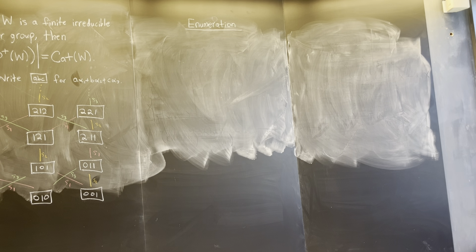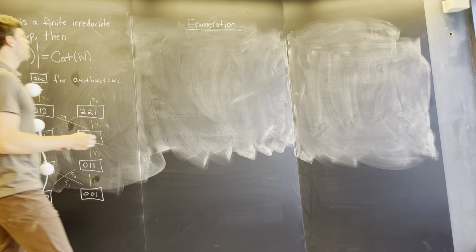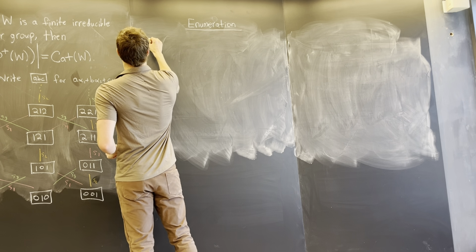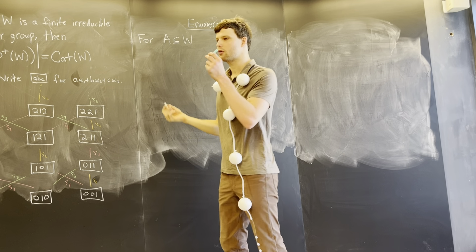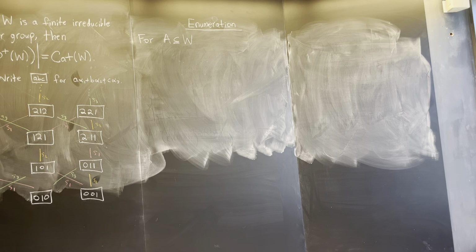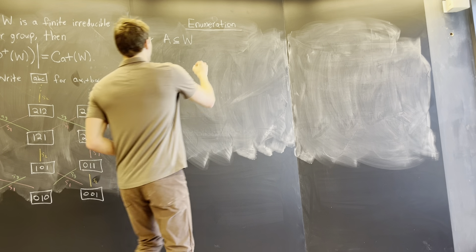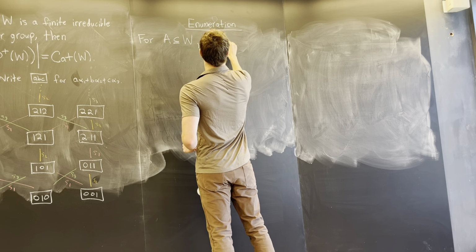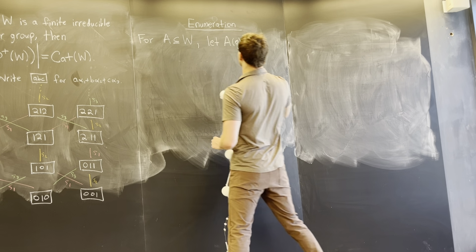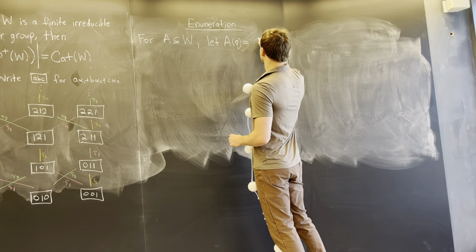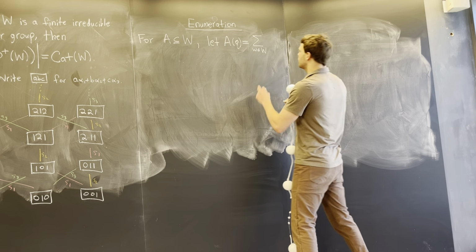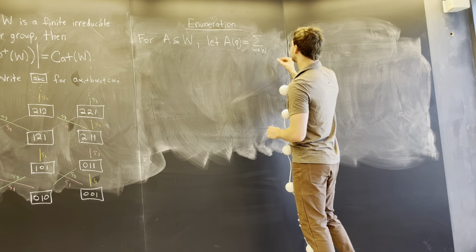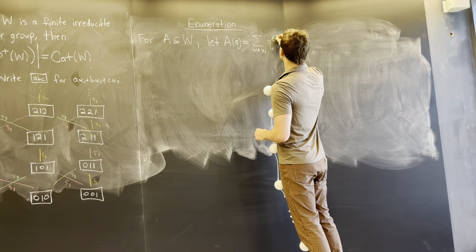So in particular, let's suppose I have some subset A of my Coxeter group W. So W is some Coxeter group. Then I want to define A(q), where q is some variable. This will be the sum over all elements w in A of q to the power of the length of w.